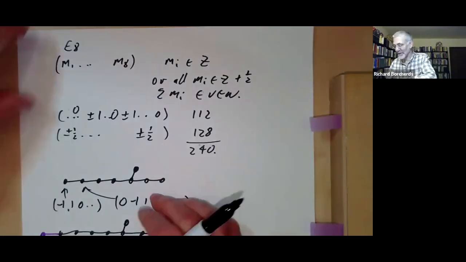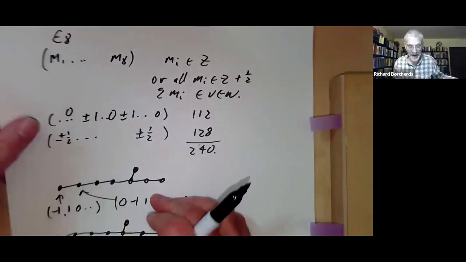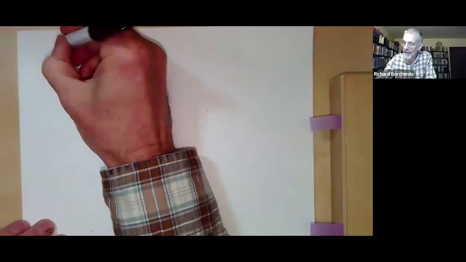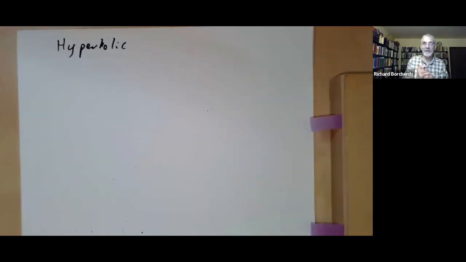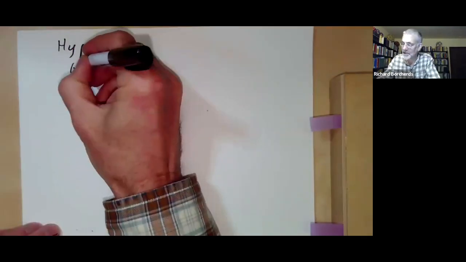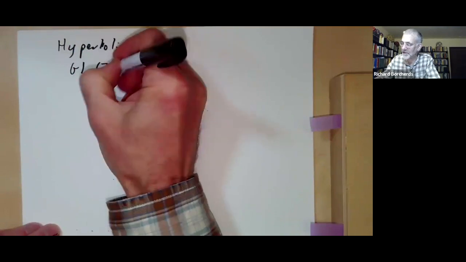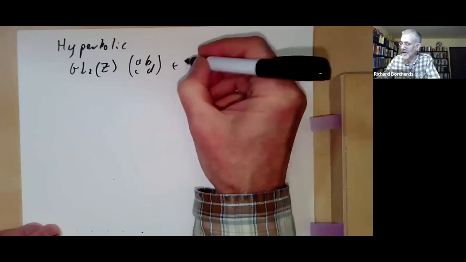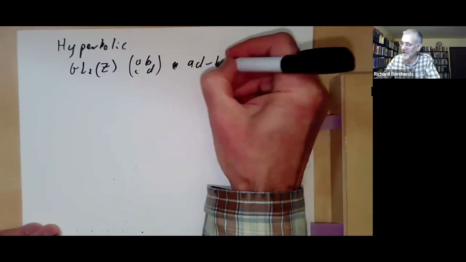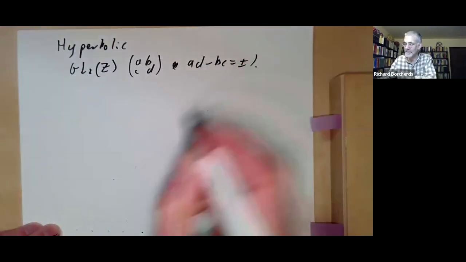So what I'm going to talk mostly about is hyperbolic reflection groups. Let me just give some examples. Well, first of all, anyone who's done modular forms has come across the hyperbolic reflection group GL2(Z). So this is just 2 by 2 matrices with coefficients in the integers with ad minus bc equals plus or minus 1.